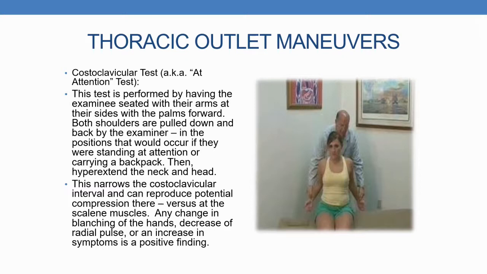So the subclavian artery then becomes the axillary artery, becomes the brachial artery, and then the brachial artery bifurcates to give us the radial and ulnar arteries. So palpating the radial pulse evaluates the presence or absence of compression on the subclavian artery.